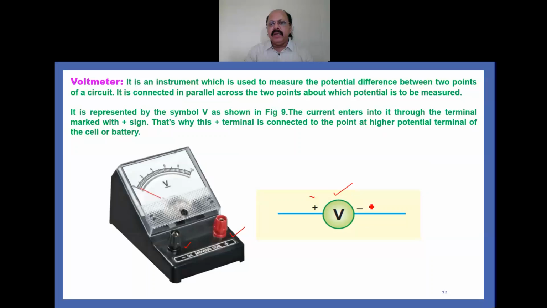This is the positive terminal, this is the negative terminal, and the current enters through the terminal marked with the plus sign. So that's why the plus terminal is connected to a point of higher potential of the battery or the cell. Then we can measure the potential difference between any 2 points of a circuit.